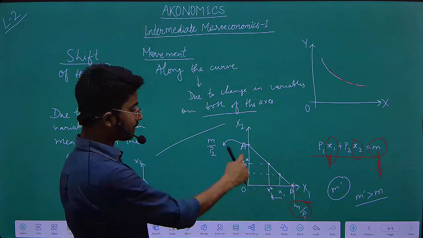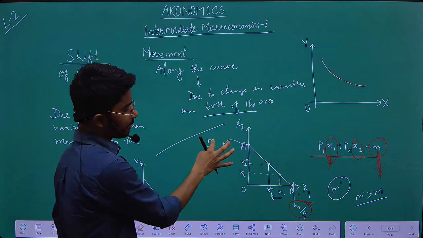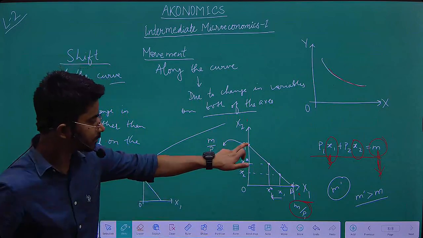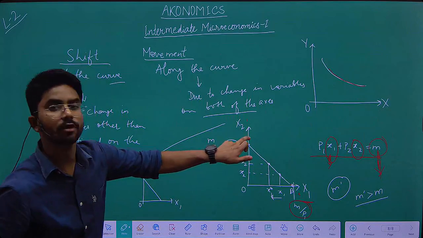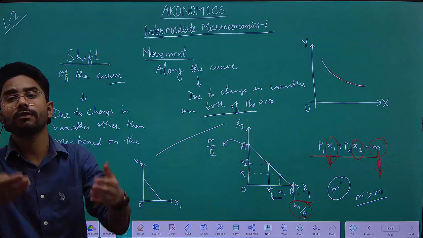That means there would be some maximum point lying to the right of this particular point. A similar case will hold here. m upon p2 will be this point, so m dash upon p2 would be some point with a higher level of x2.